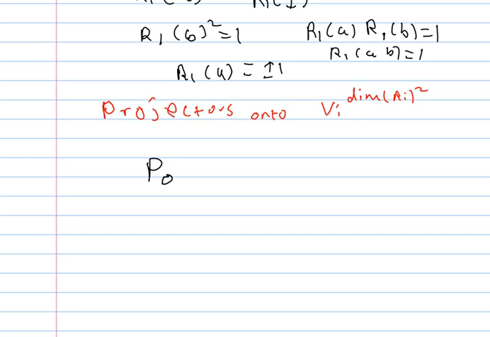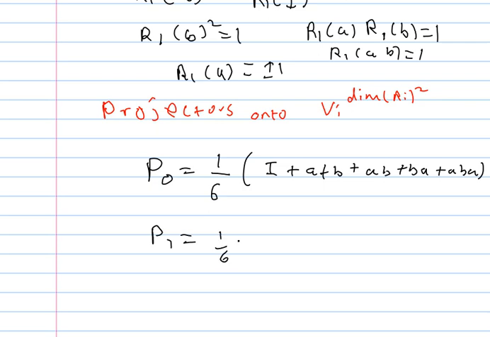So the projector of R0 is 1 over 6, because this is the dimension of the rep, this is the order of the group, and then we just multiply by the character table. So this is going to be I plus A plus B plus AB plus BA plus ABA. Our projection for R1 is 1 over 6 times I minus A minus B minus ABA plus AB plus BA.